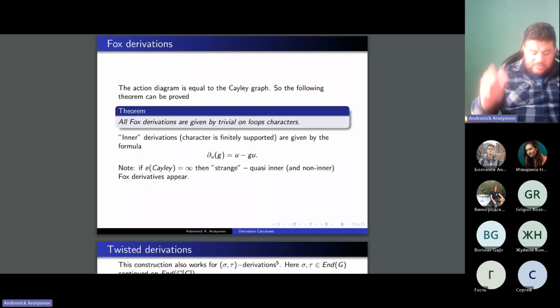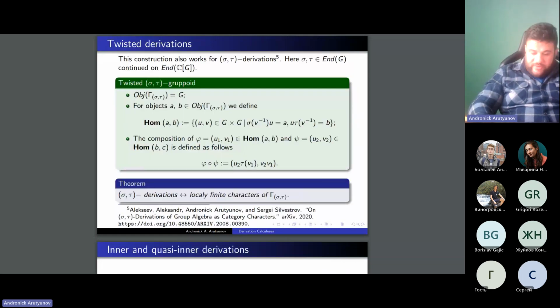Another general case which I have mentioned above is the case of twisted derivations. You need to work not with an action groupoid, but with another, twisted groupoid. Each is defined with the help of endomorphisms. Also, you can write the composition and so on.